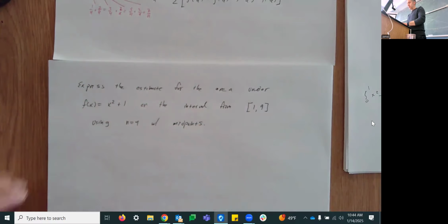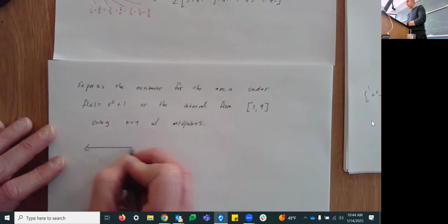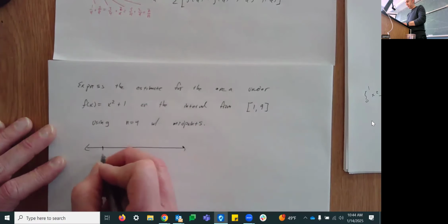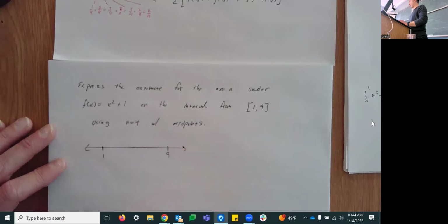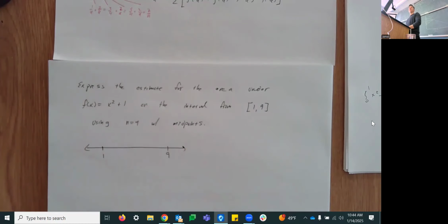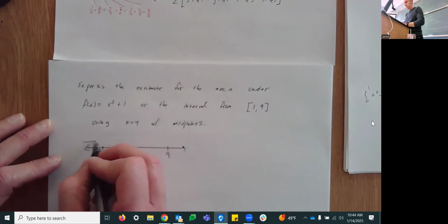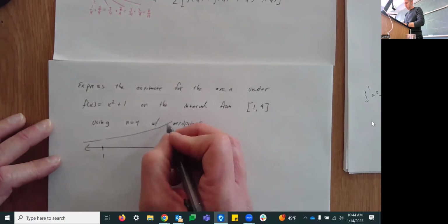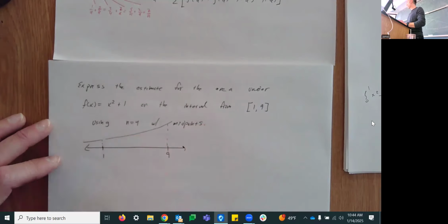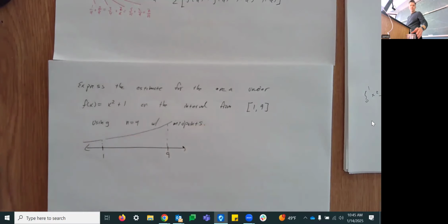And I find it particularly helpful to draw out the interval to think about where the midpoints are going to land. So go ahead and work on that for a minute or so.